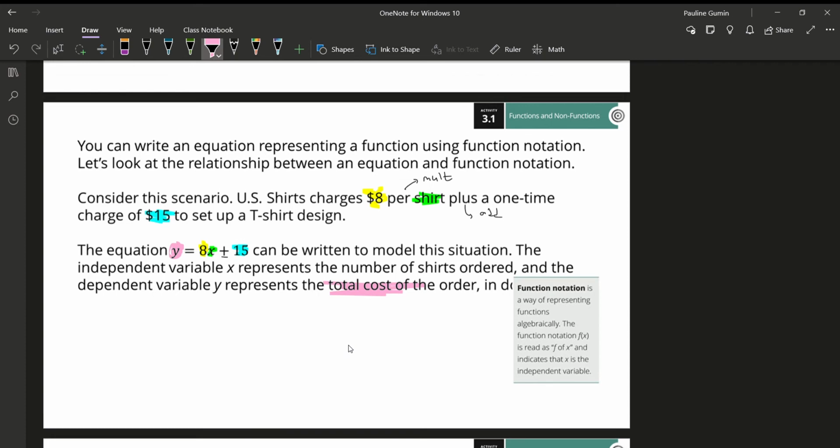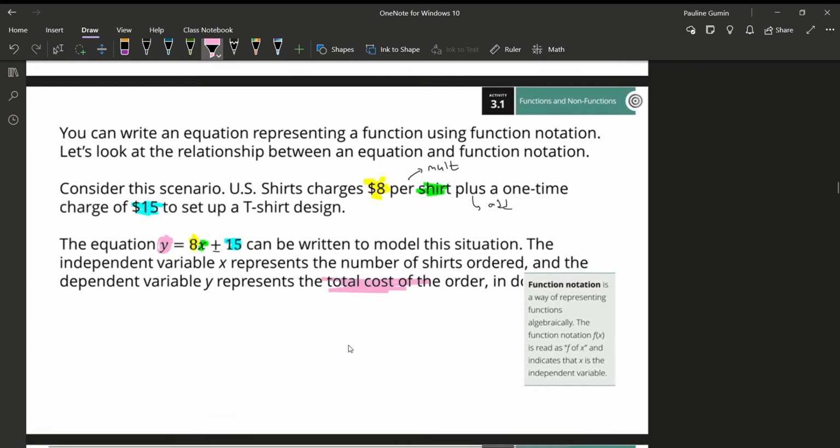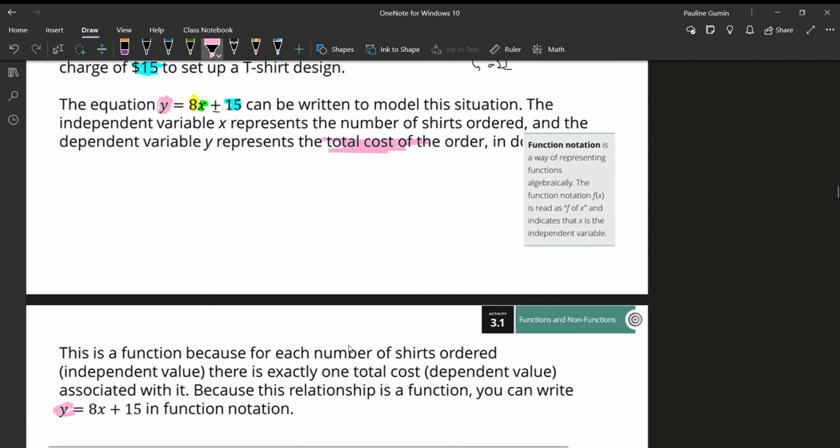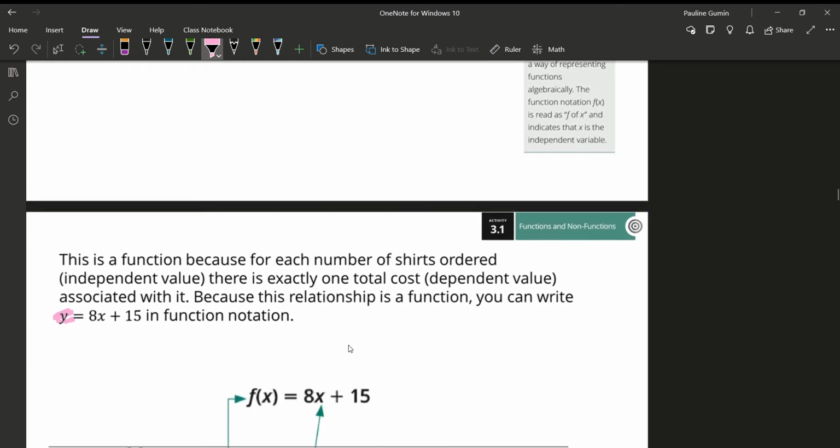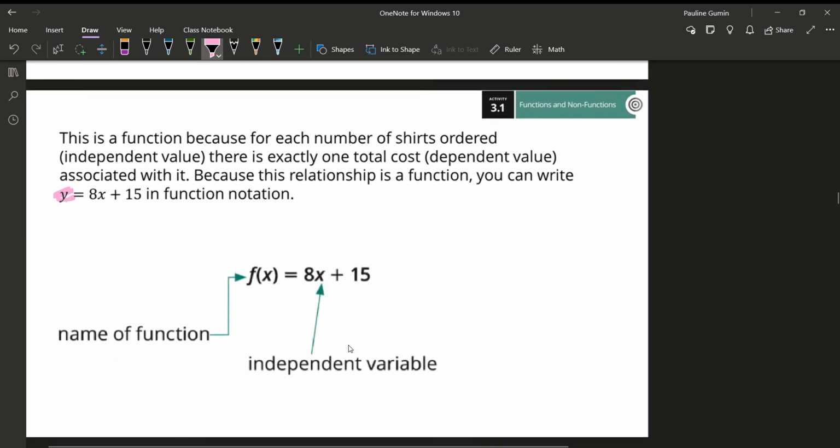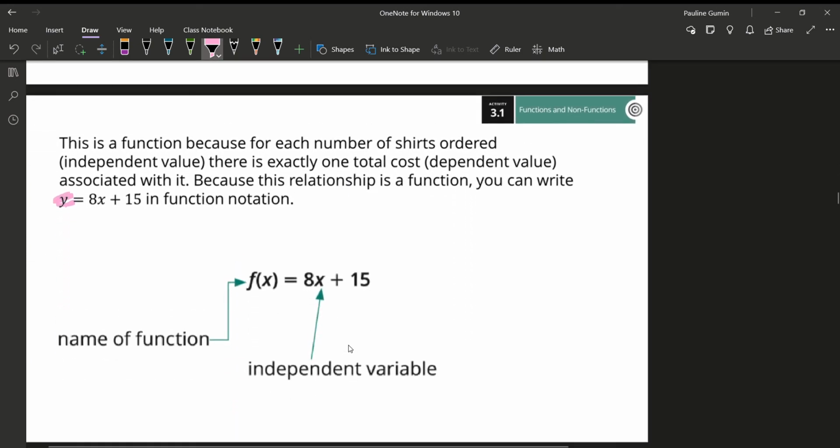This is a function because each amount of shirts that you buy, you get one specific cost. So if you buy one shirt, you pay a specific amount of money. You buy 2 shirts, specific amount of money. 3, specific amount. There's no sales, no deals, no nothing.